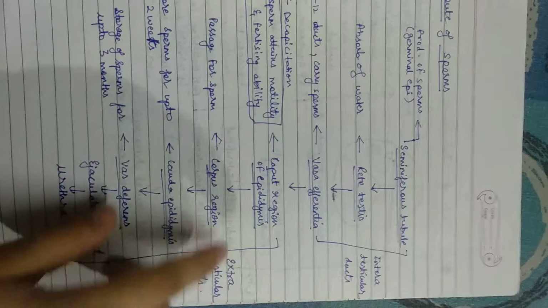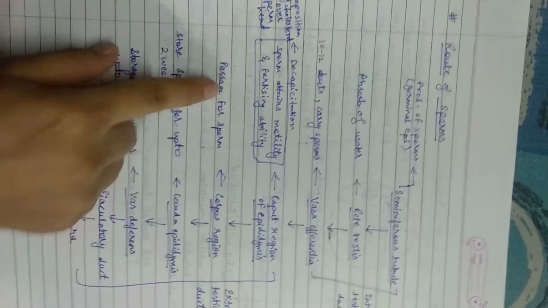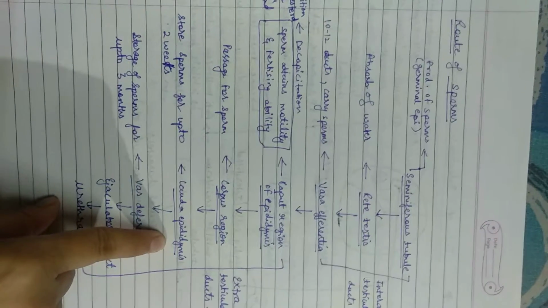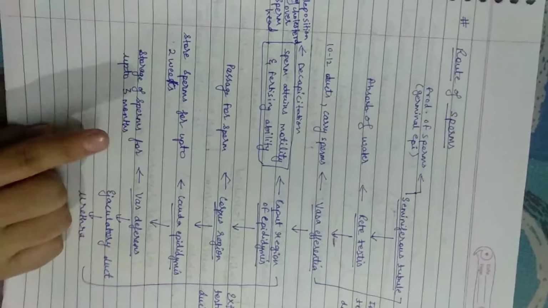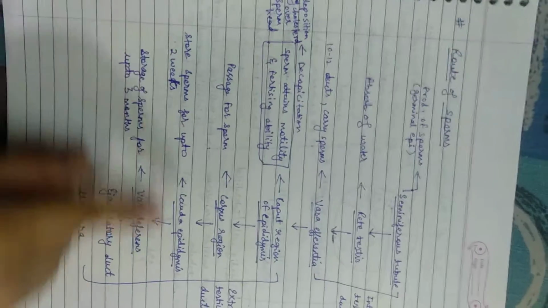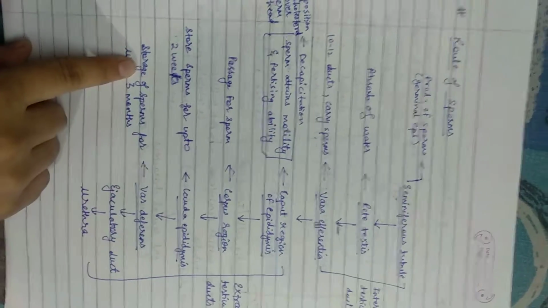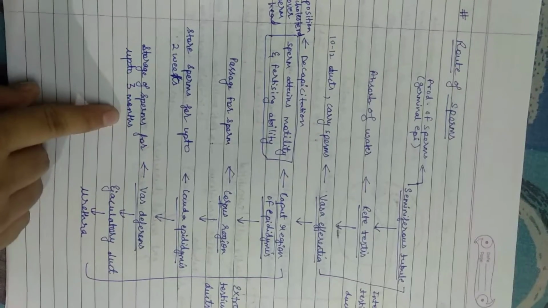ability. After that, it reaches the corpus region, which generally acts as a passage for sperm and nothing else. Then the cauda epididymis stores the sperms for up to 2 weeks. Then the vas deferens acts as a storage of sperms for up to 3 months.